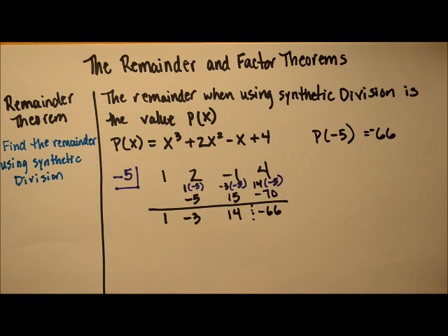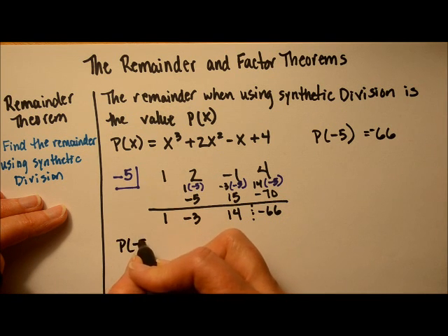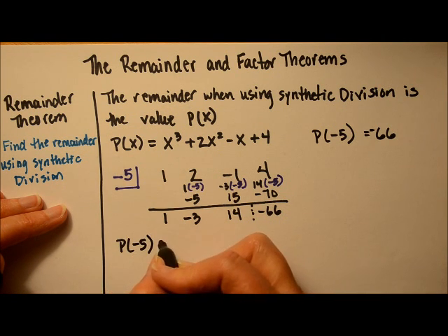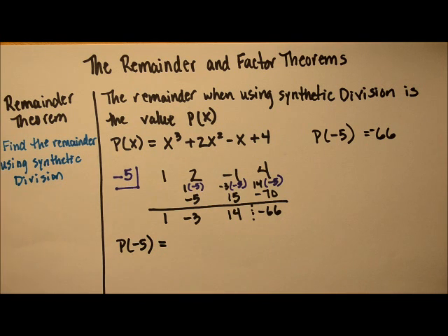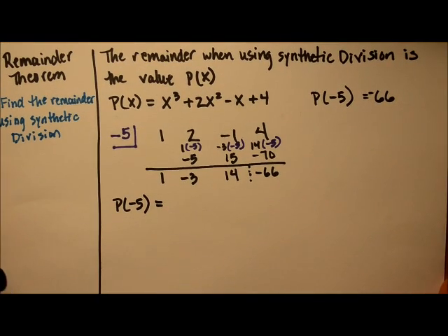Okay, well, so I'm going to prove that this is true. Okay, so we know that before, what we needed to do was we would just plug it in, right? So P of negative 5 would equal, and then we would have just plugged it in there. I'm going to scoot this up just a touch so I don't run out of room.